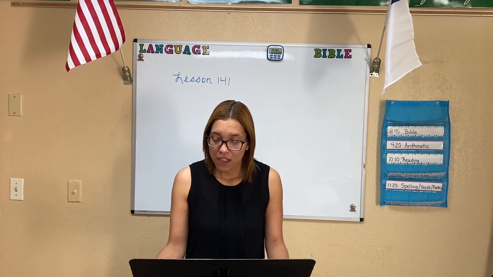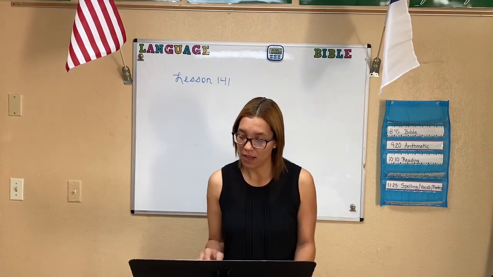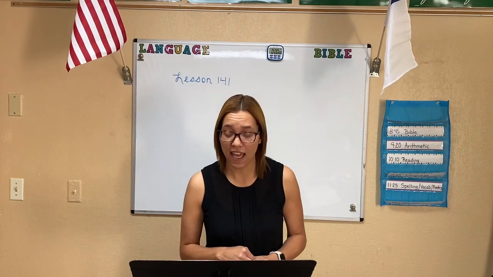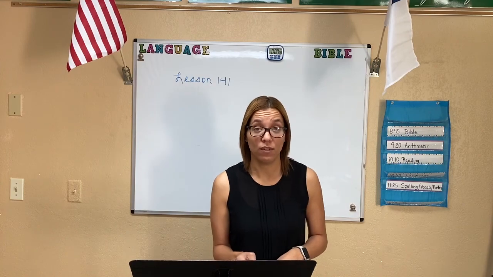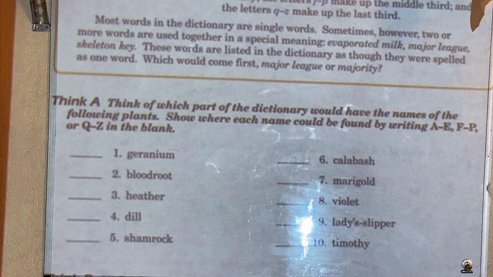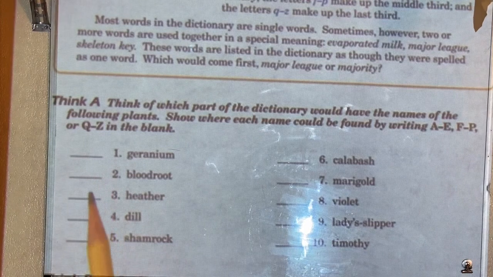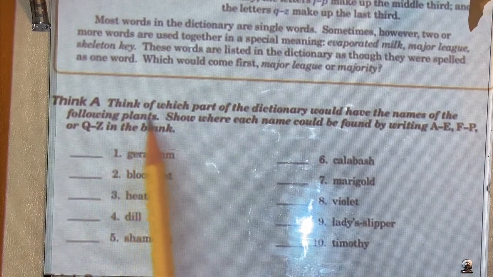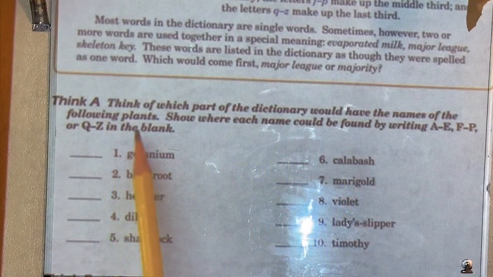Okay? So I'm going to put it in the projector, and we are going to work on a few of the examples on Think A and Think B. So let's go ahead and do that now. Okay, so let's see. This is on page 257, and we're doing Think A. It says, think of which part of the dictionary would have the names of the following plants.